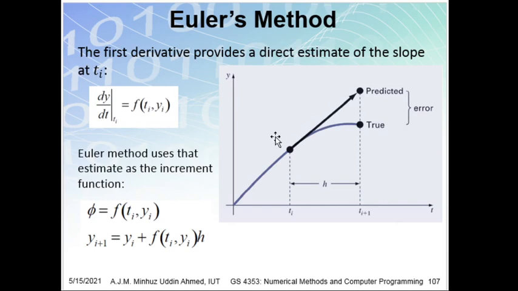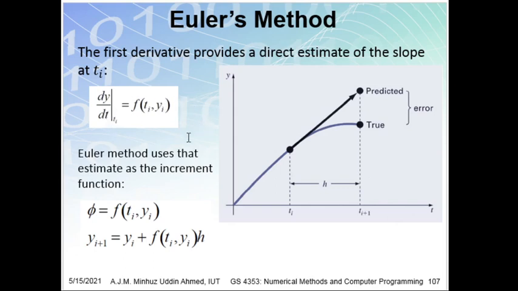So this is Euler's method, where we are predicting using a linearized slope, although it might not be exactly linear. The first derivative provides a direct estimate of the slope at t_i, so dy by dt at t_i equals f(t_i, y_i). We are assuming this is a function f(t, y) equal to dy by dt.